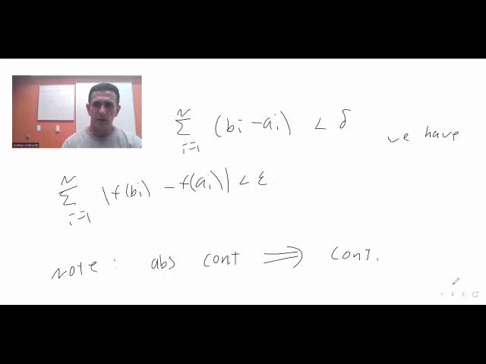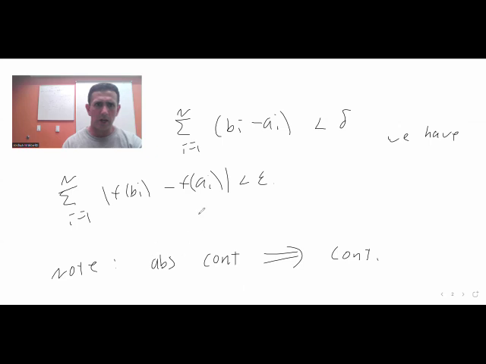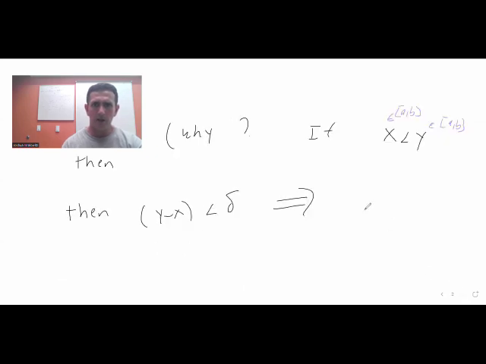So then this, I'll write it like this. And this is going to imply f of x minus f of y is less than epsilon.